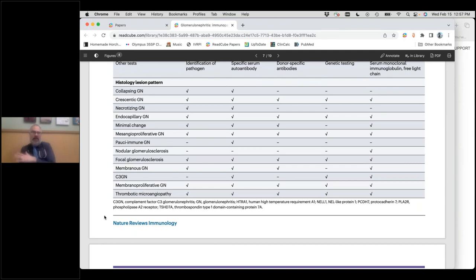They kind of say biopsy should be done after you've done all that stuff. Well, the problem for me is that even if I find an antibody to some infectious disease, I don't know if that's the trigger, and treating for that infection might not do anything.